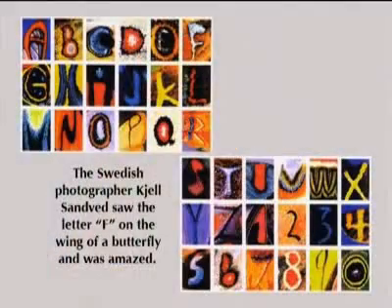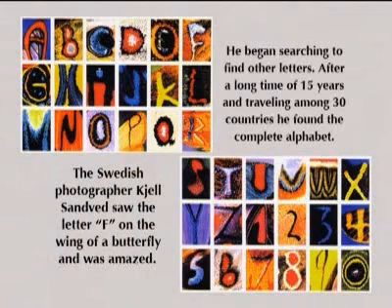And so he took a microscope to look at the wing of a butterfly to find other letters, but he couldn't find any. And so he was looking at other butterflies, and you see the solution here. After a long time of 15 years and traveling among 30 countries, he had found the complete alphabet.